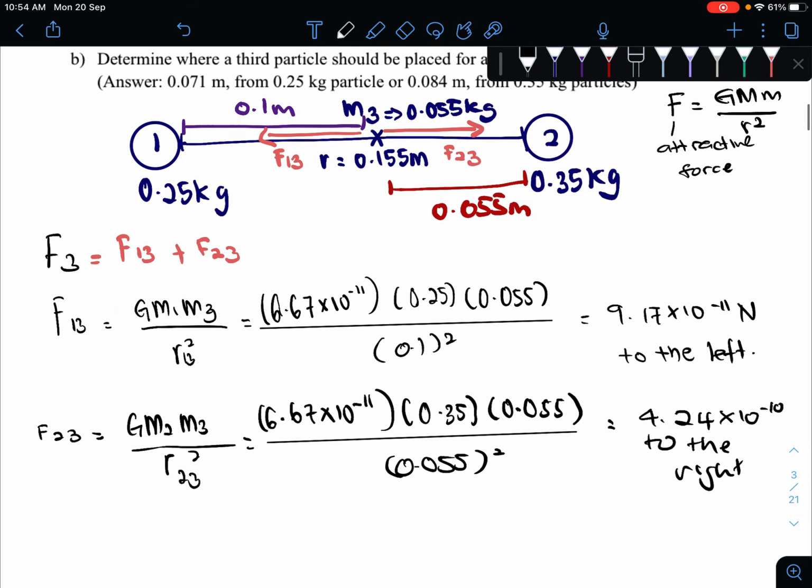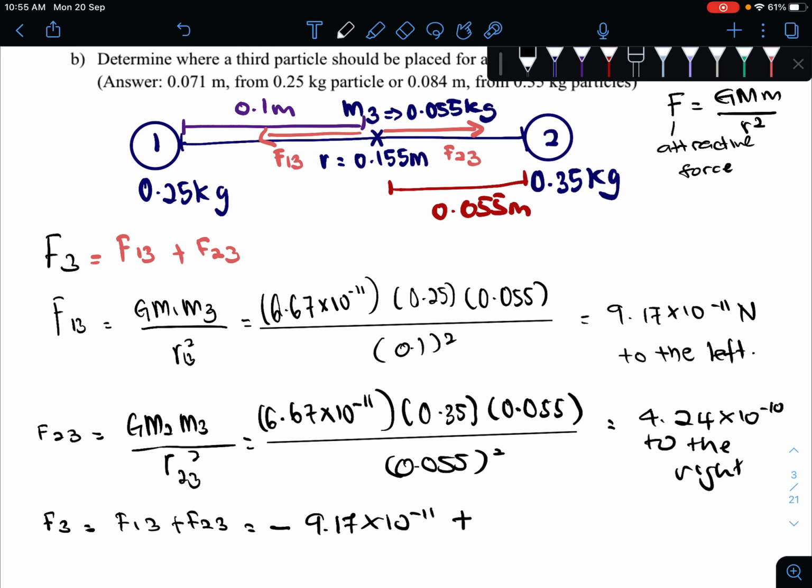So now what we can do here is we can simply find the total force acting on object 3 due to 2 other object di sekelilingi dia. Okay. So kita akan campur dua-dua ni, F13 plus F23. However, F13 direction dia ke kiri, negative. Consider the direction.